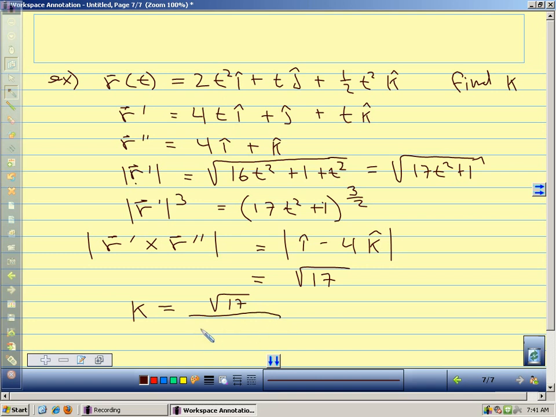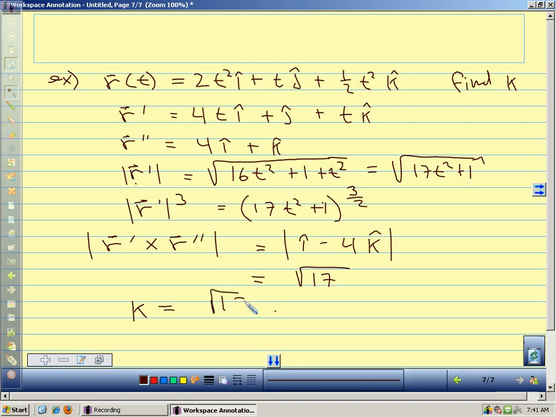So k, finally, our curvature is the square root of 17 over, let's see, did I do that upside down? No, that's right. I'm sorry, I was thinking of the radius.